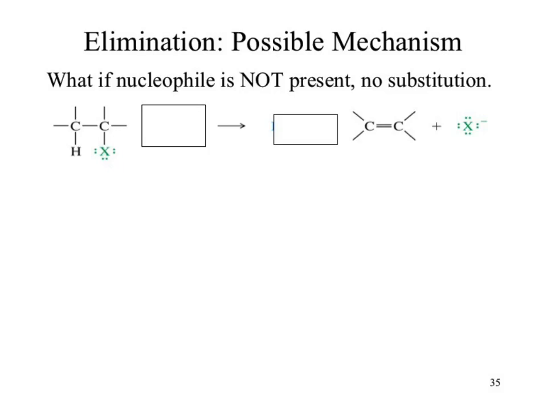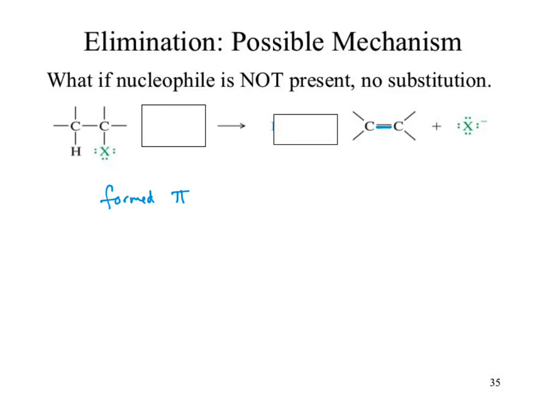We want to use the exact same logic that we just used with the substitution. What changed? We formed a pi bond. So there's the formation of a pi bond. Is that it? Nothing else changed?